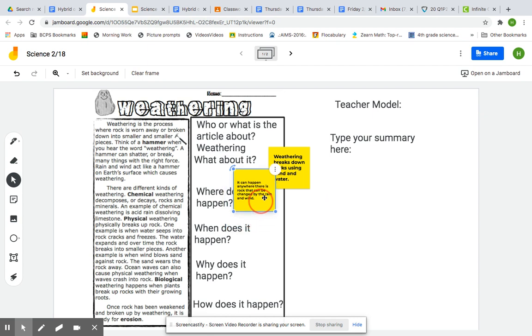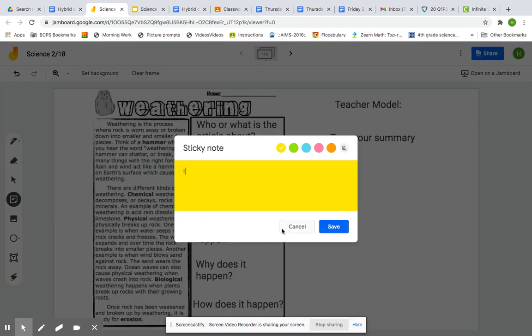When does it happen? It happens when rain or water. So I can use one of these examples if I want to. I'm going to do when water seeps into rocks and freezes and breaks it into little pieces. It happens when water seeps into rocks and freezes.